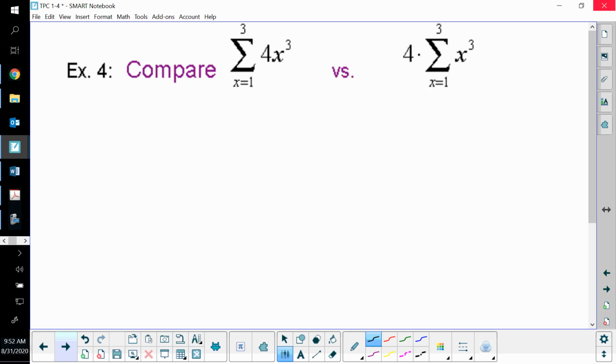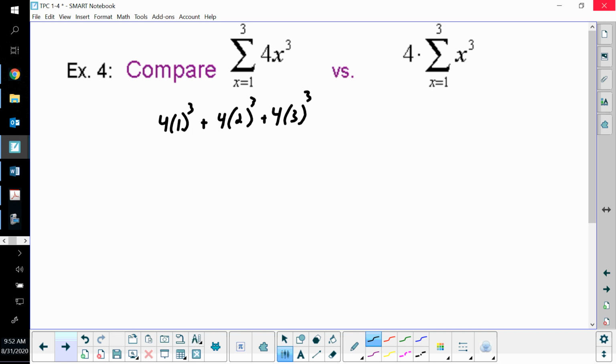Going on to page 17, we're going to compare two different summations. 4x cubed, or 4 out in front of the summation, and then the summation of x cubed. So this one here, this first one, is we're going to sub in 1. Plus, we're going to sub in 2. Plus, we're going to sub in 3.